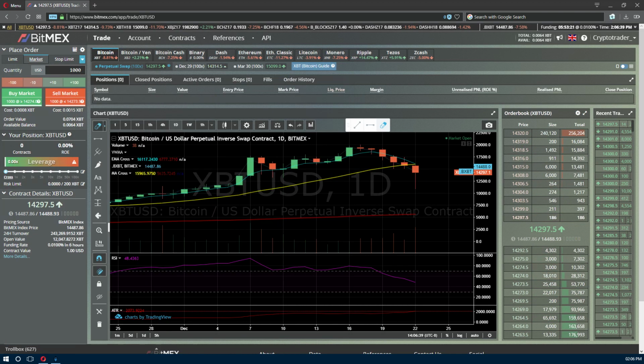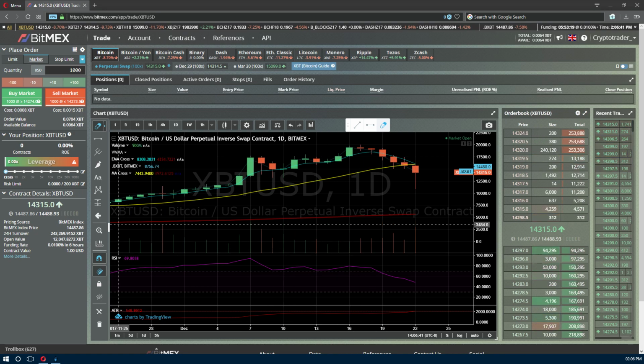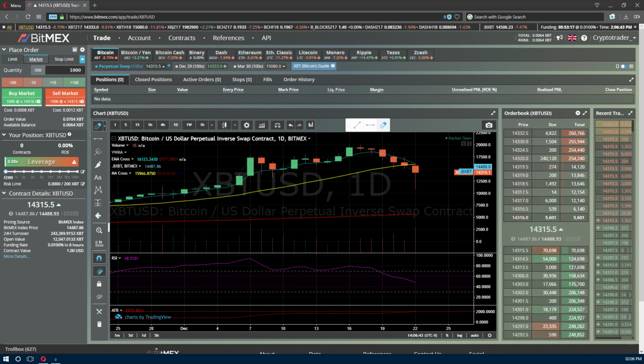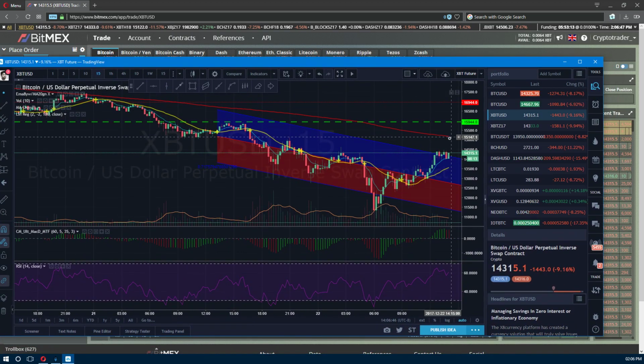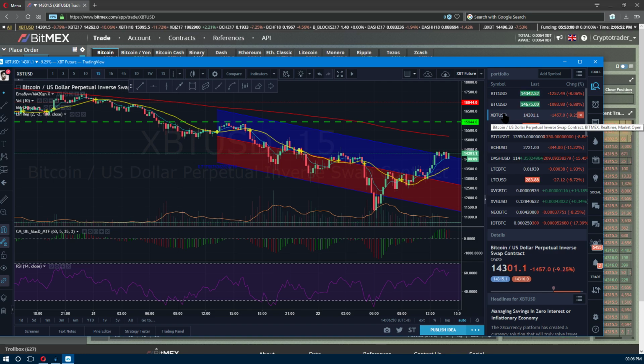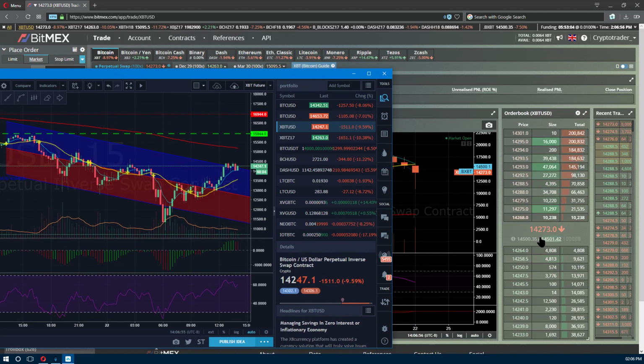Perpetual swap contract. Oh, okay. Perpetual inverse swap contract. USD. BitMEX. Okay, real time data is 4,274... 4,207.47, 47.1, 47.9. Yeah, you just want to make sure it's actually matching up with the price.